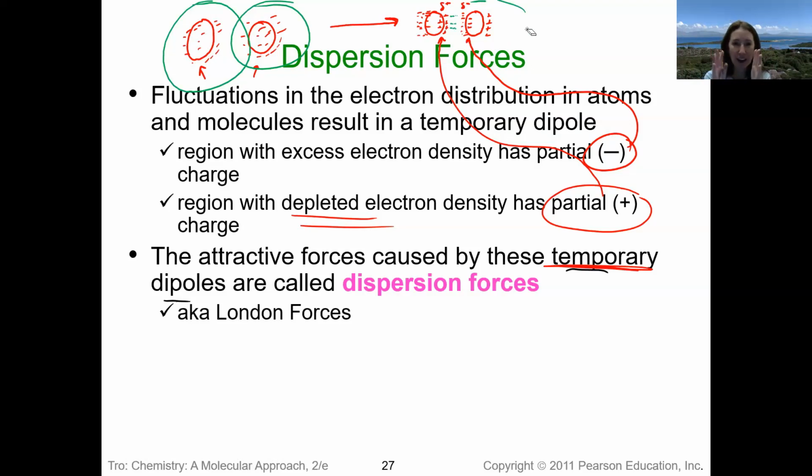And so it's this very instantaneous partial positive and negative. It's a temporary dipole that lasts like a nanosecond, right?